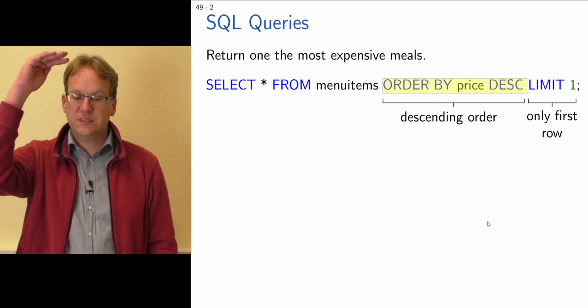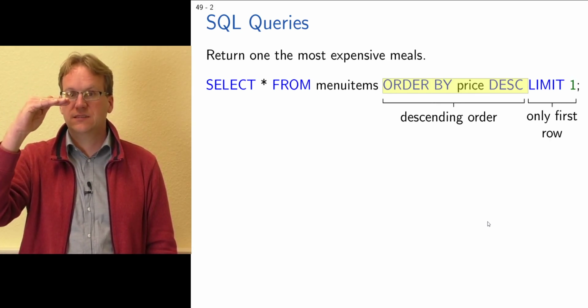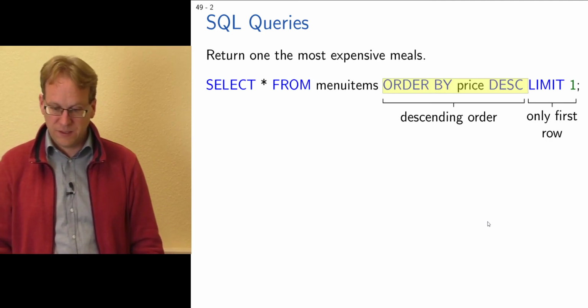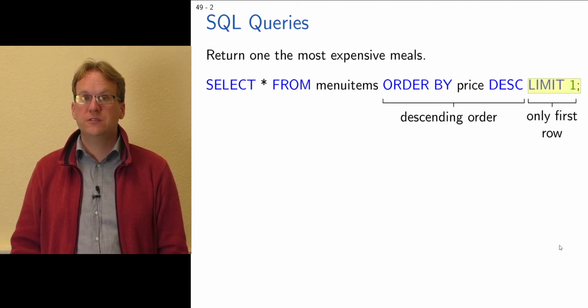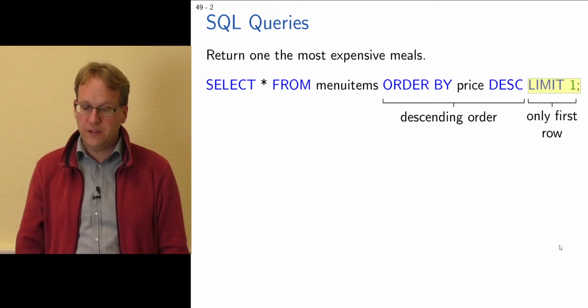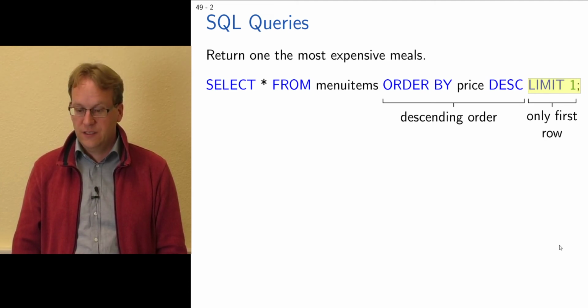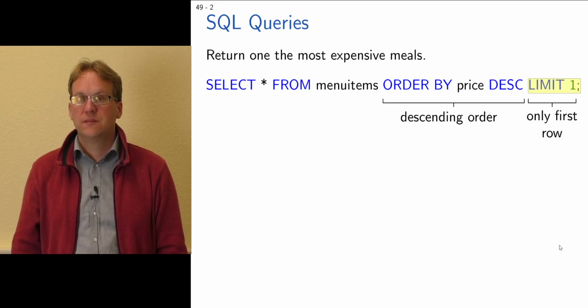So meaning the most expensive menu item will be first, and then the price is decreasing as I go down my result table. And finally, I limit the solution to the first row. Only the first row is shown and given as output. And accordingly, I will get one of the most expensive meals.